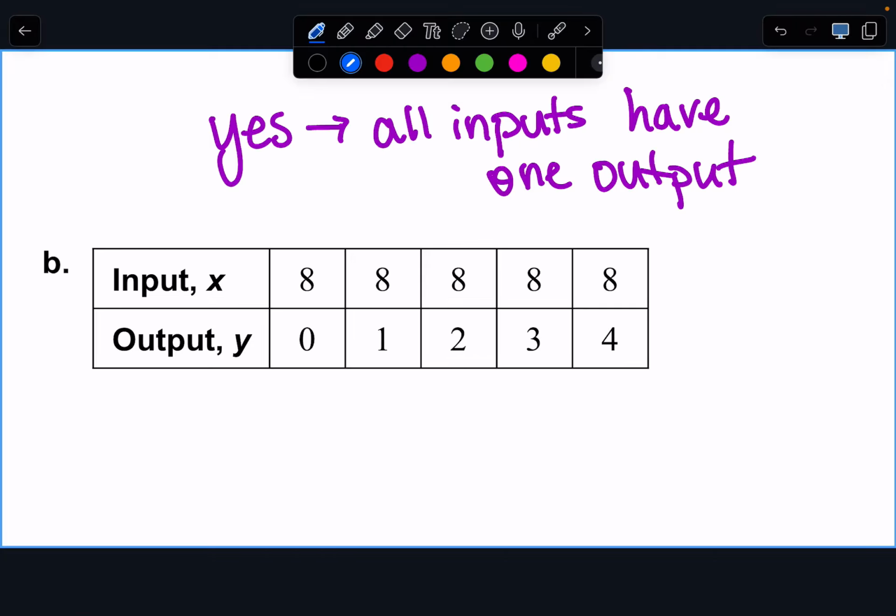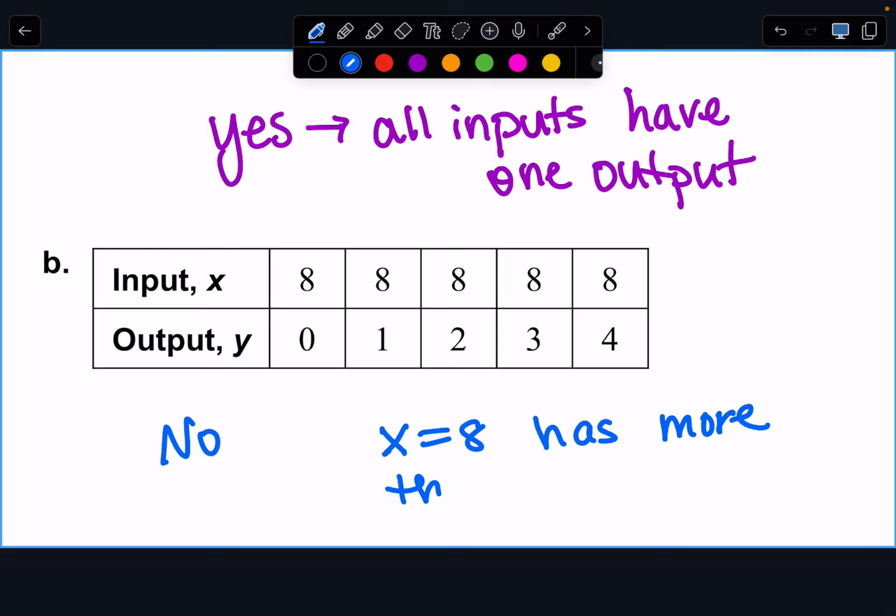My input of 8 also has an output of 2. That's the question. Is it a function? No, because my input of 8 has more than one output.